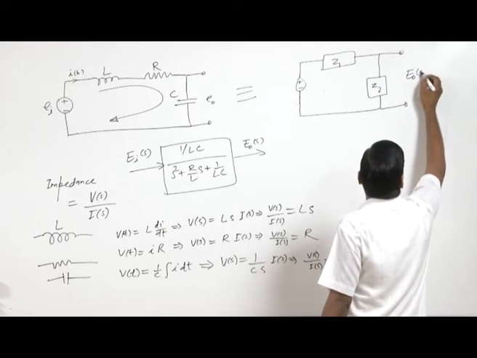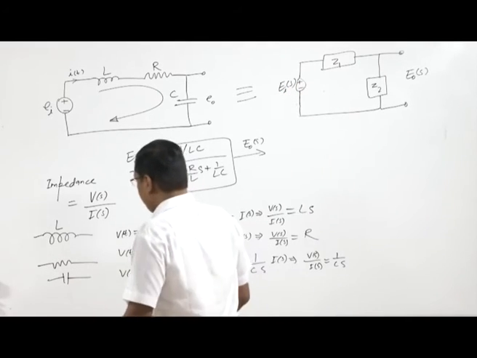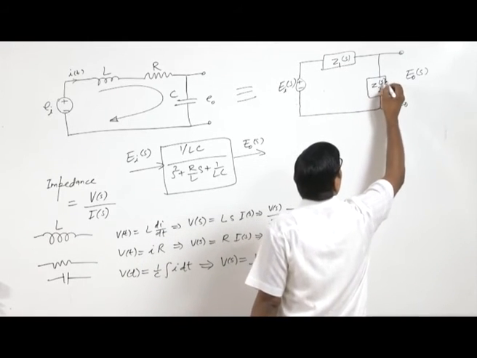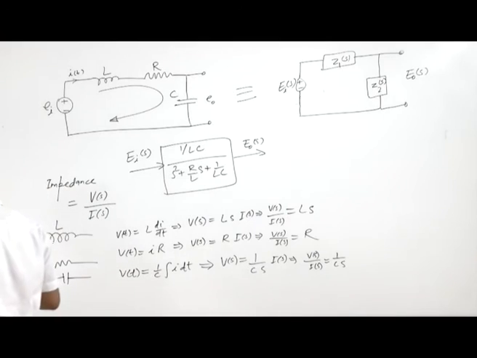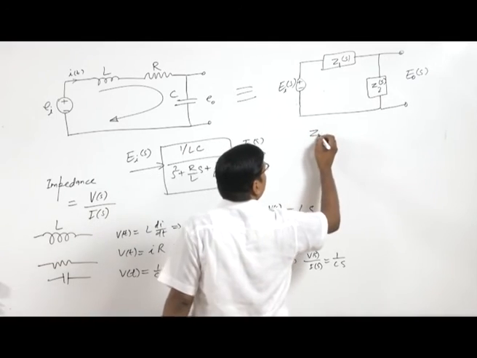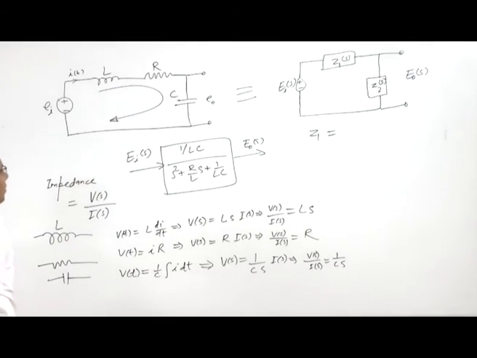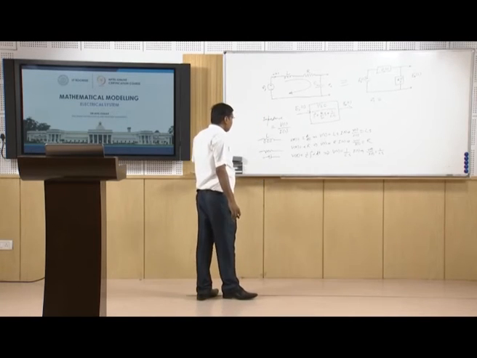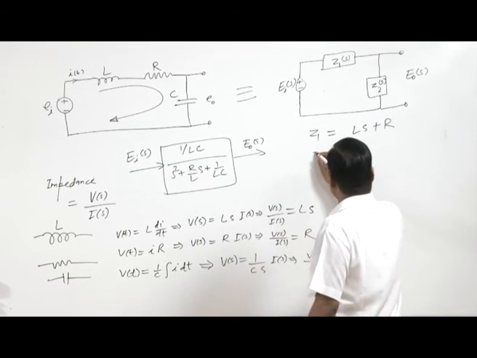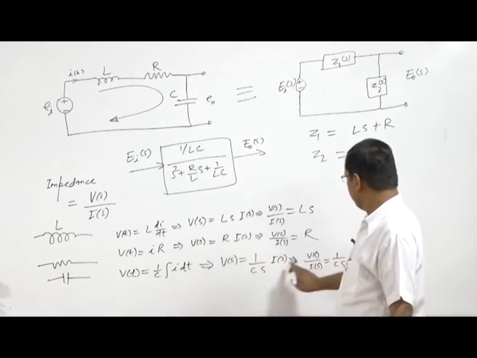So here EOS, EIS, and this is Z1, that is of course a function of S, because impedance is defined in terms of S. Now, here Z1 is the impedance of the inductor plus the impedance of the resistor. So that is Ls plus R, and Z2 is the impedance of the capacitor, and that is 1 by Cs.